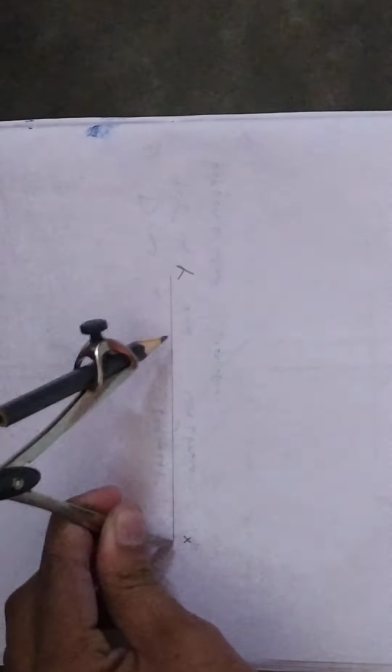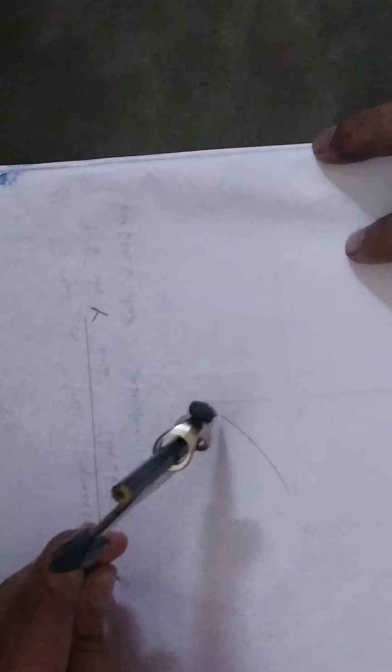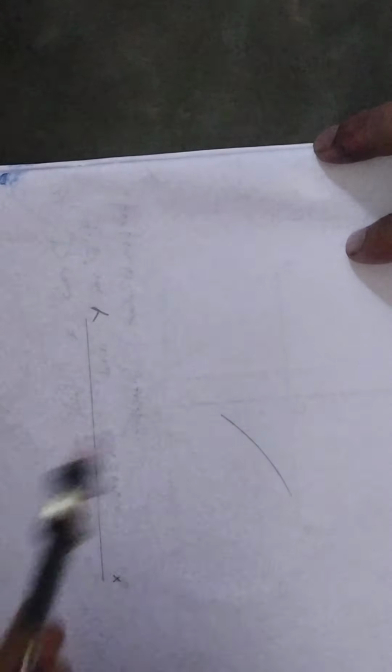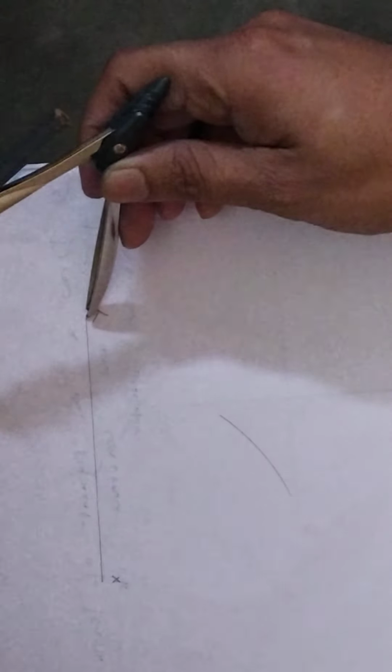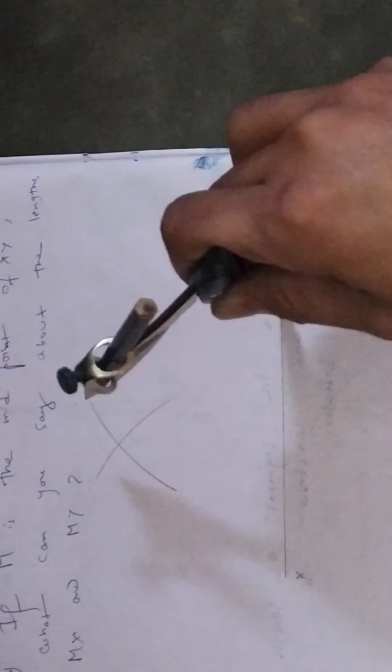Now you have to draw a perpendicular bisector. So how you will draw? So again you have to take more than half. So from this point, suppose this is, yes, this is more than half. So at the top, here you will draw one arc. And at the bottom, here you will draw another arc. So similarly, you will put your compass at the point Y. And at the top, you will draw one arc.